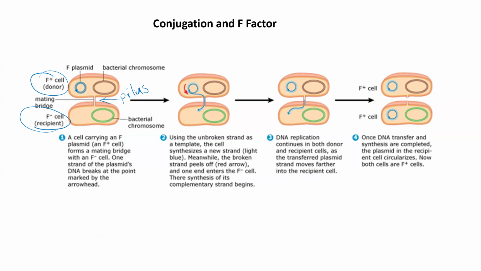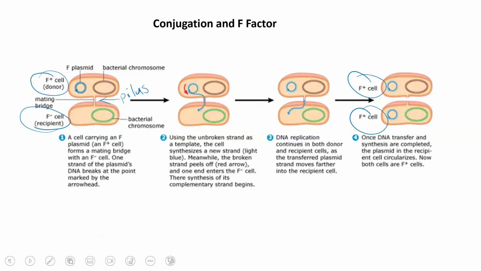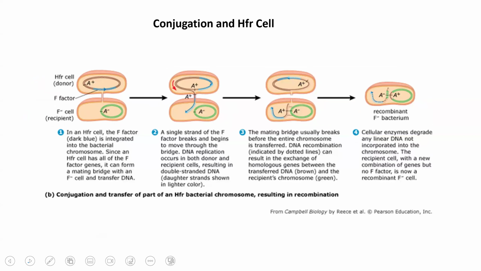That gets sent through the pilus, through the mating bridge, to the second bacterium, and now they're both F positive. Oh, and we said you could have R positive, R negative, and that's antibiotic resistant plasmids. So we classify those as their own thing.